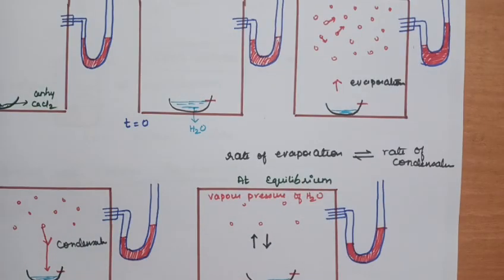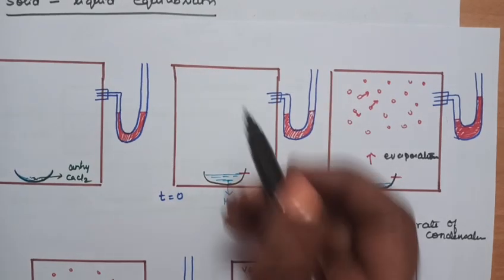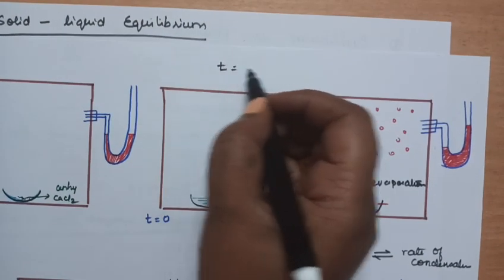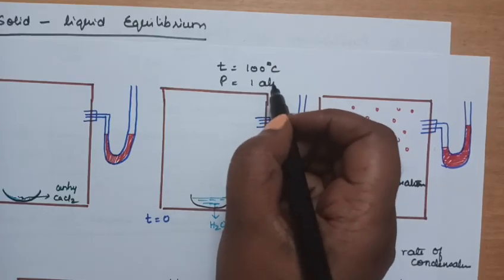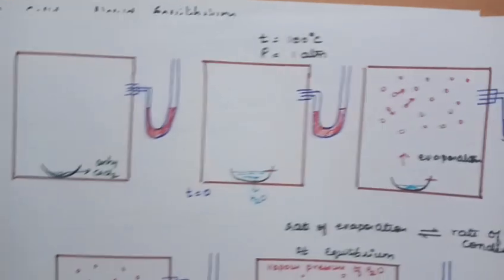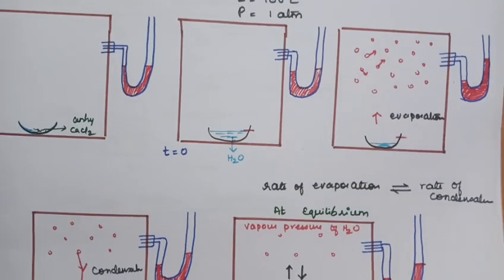The temperature we have to maintain constant when we are carrying out this experiment. Here the temperature is maintained at 100 degrees Celsius and pressure is maintained at 1 atmosphere. So this is the experiment which is explained. This is the example which is given in your textbook.